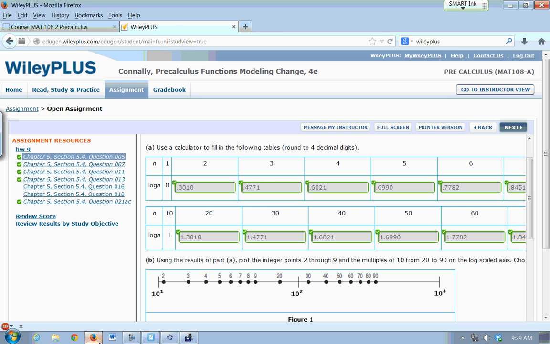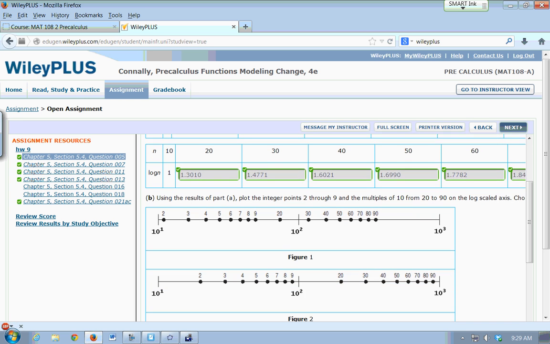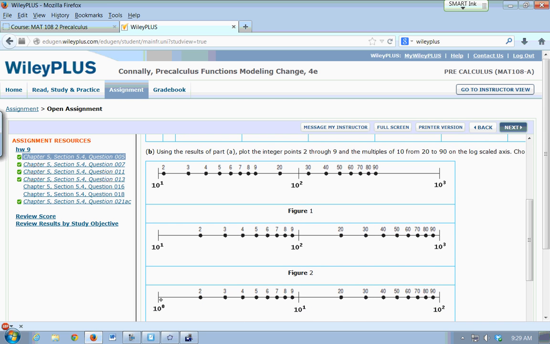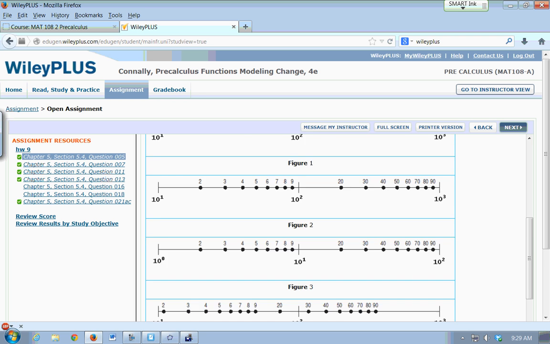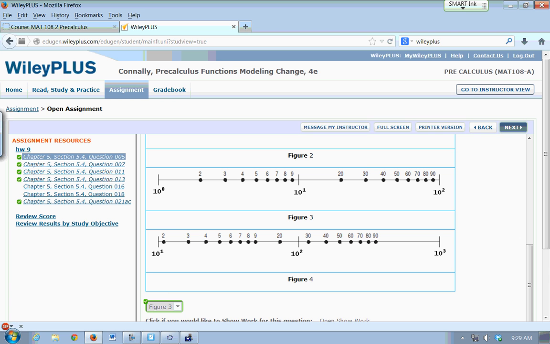that means that instead of plotting the number 2, we're plotting it as 10 to the something. And the something, the exponent, is 0.3010. So we're doing 10 to the 0.3010, which means that I can't start my number line at 10 to the first because 10 to the 0.3 would be to the left of that. So it has to be the number line that starts at 10 to the 0, and there's only one of those.